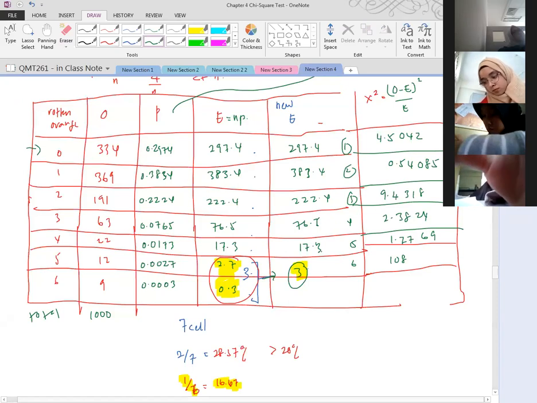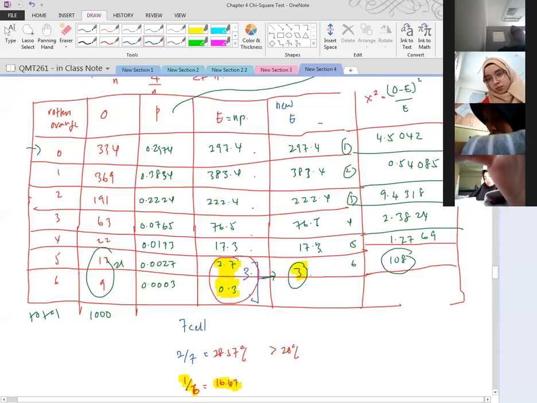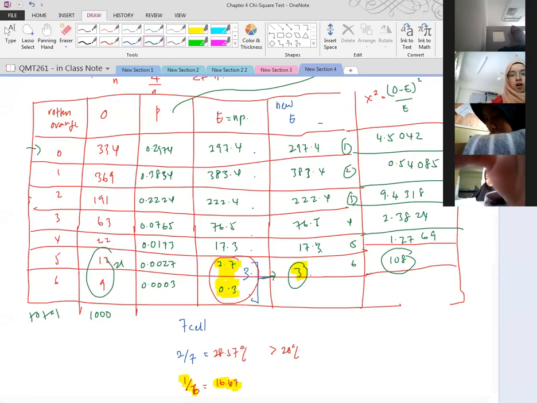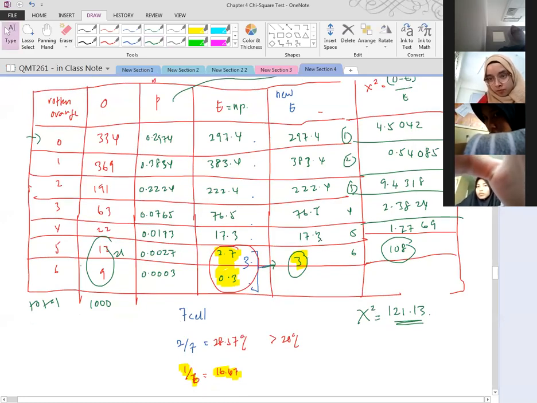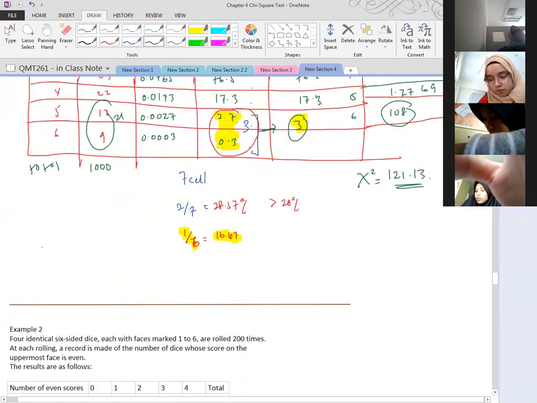So 108 means this is 21 minus 3, 21 minus 3 to the power of 2 divided by 3. So 108, yep, correct. So the total here should be equal to 121.13. So this is the value of the chi-square. Right, so now our chi-square calculated is equal to 121.13.